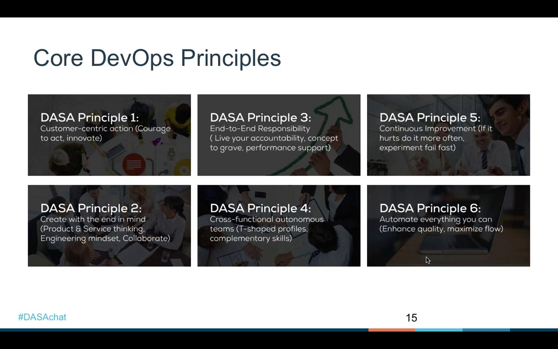If you look at the second principle, create with the end in mind, this is what helps establishing a culture where people organize themselves around products and think in services to the customers, and not so much in disciplines. We're all organized around the concept of building great stuff and customer delight.